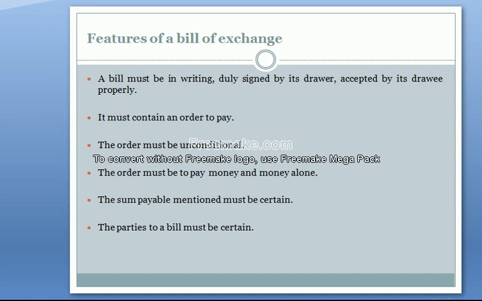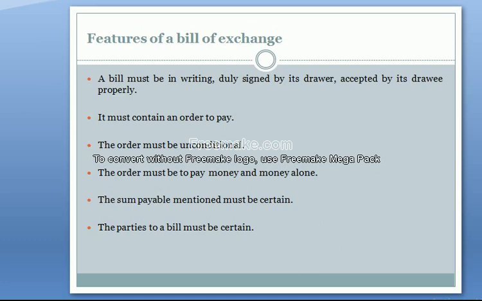The specific amount is payable to the person whose name is mentioned, the payee, I am talking about the payee, mentioned in the bill of exchange, or the bearer name should be mentioned. The date must be specified on the bill of exchange, and similarly the maturity date will also be mentioned in the bill of exchange.